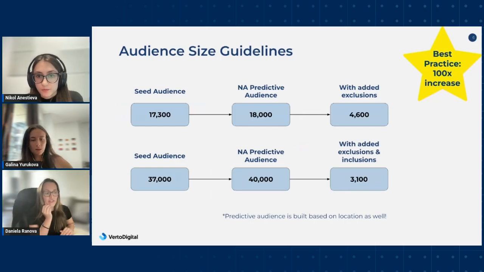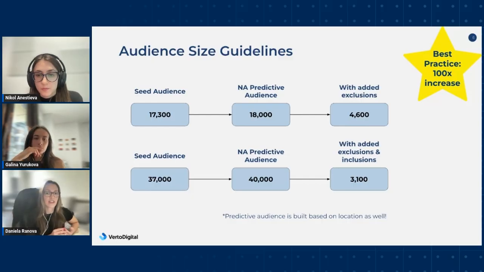In terms of the audiences and how they are created, firstly, we need to consider not only the seed list, but we need to consider the location. We create each predictive audience based on different locations. So we can create one which is global. We can create different ones for just separate regions. And here we show an example of how this could look.